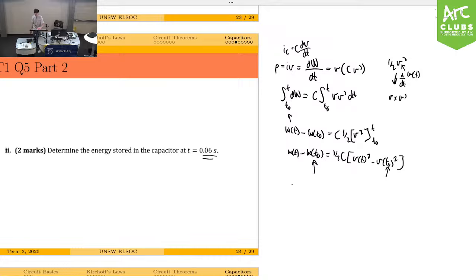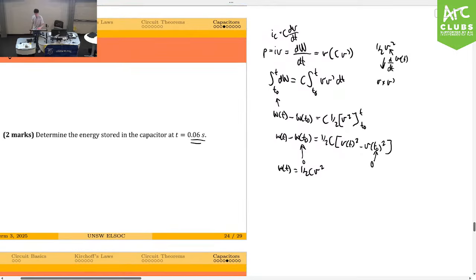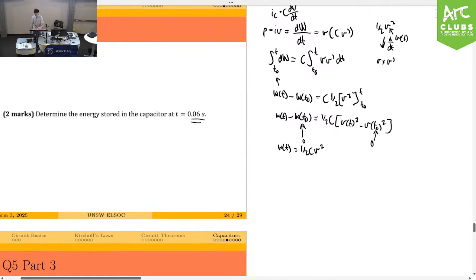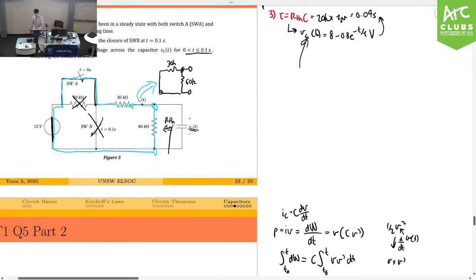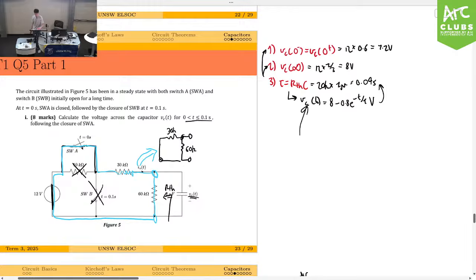So what that would give you is that we want to actually consider when this is 0 and this is 0, in which case you get half c dv, half cv squared. So I think that's an equation that hopefully you guys have seen. But that's how it's been derived. All right. Now, we have our voltage up there, this one right here.